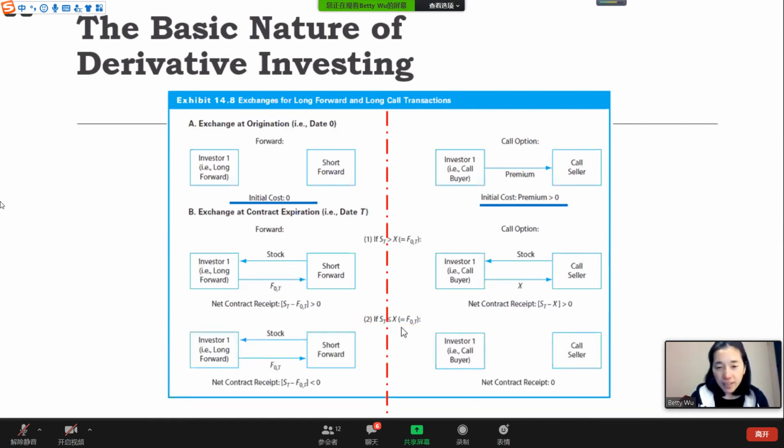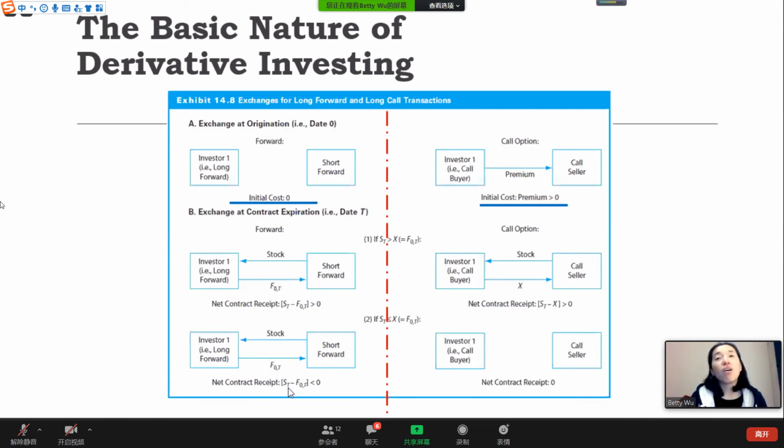And then the other scenario is that the spot price is lower than the exercise price or contract price. And then for this case, you see that although the price is lower, you just have to buy. So that means you have to buy high and sell low.